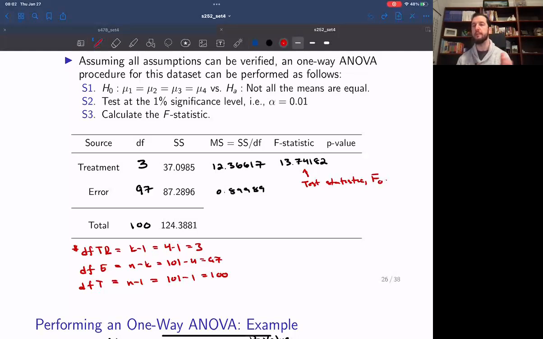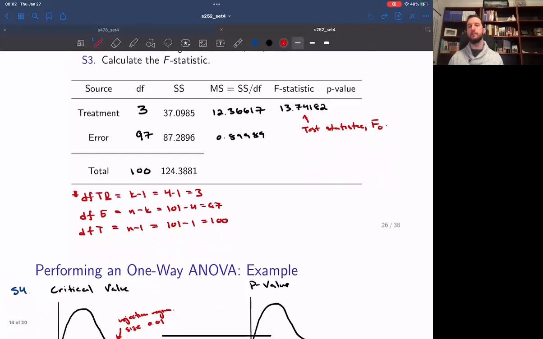So we have our 6 steps of the one-way ANOVA hypothesis test. On step 1, we have the null hypothesis that the 4 means are equal against the alternative that not all the means are equal. On step 2, we state our significance level. On step 3, we compute the test statistic. And again, as you can see here, the test statistic is computed using an ANOVA table.